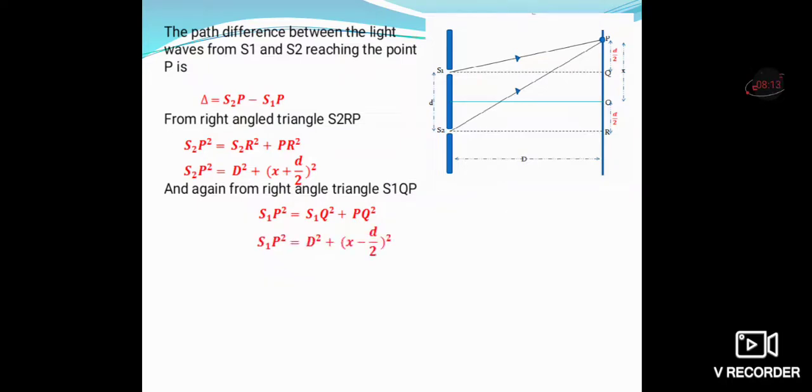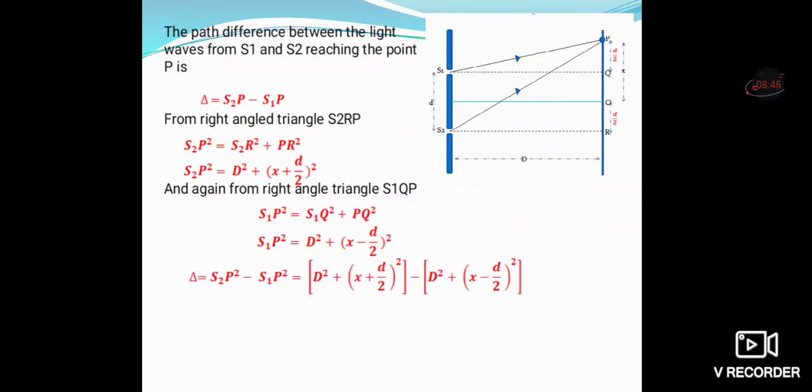S1Q is d, therefore it is d square plus PQ square. Now observe PQ square. P to O is x, and for P to Q, from that x you have to subtract d by 2. Therefore, it is x minus d by 2 the whole square.